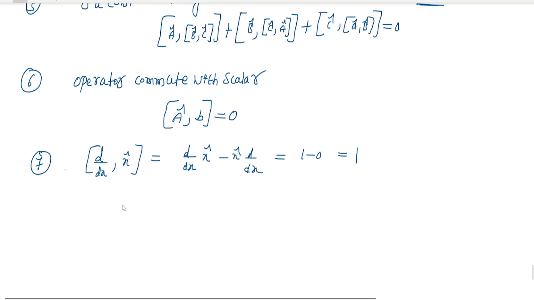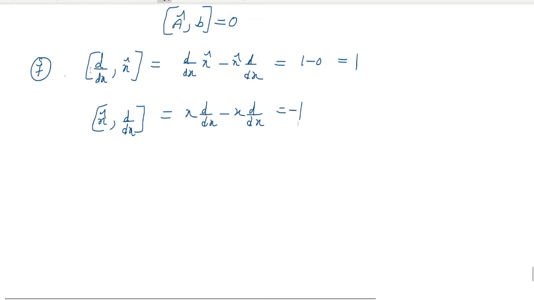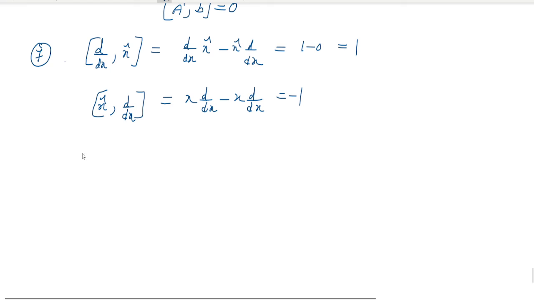Next, in case of x and d by dx, so x d by dx minus d by dx x, you get here minus 1. Next, the final one, the eighth property: an operator A has an inverse operator.